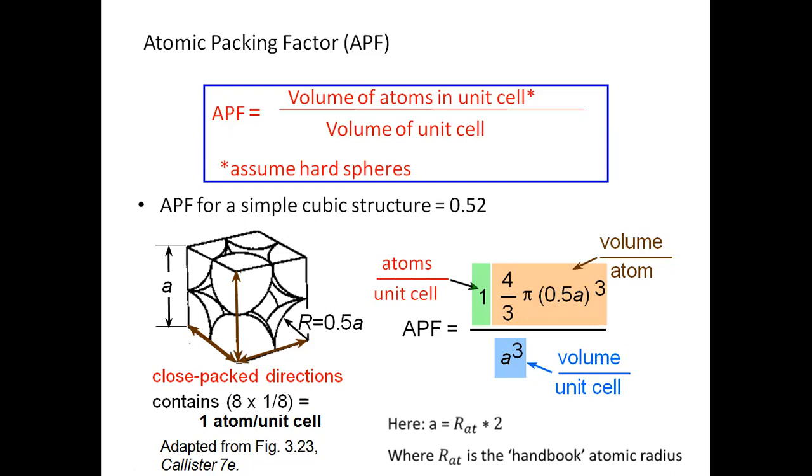That's the only unknown in that formula. We know 1 here, 4/3 pi we know already, and 0.5 is known. The only thing not known is the A here and the A here. So we make A the subject of the formula, and the answer that will give us is 0.52. You can calculate that for yourself to prove that it's the correct answer. Are we together?